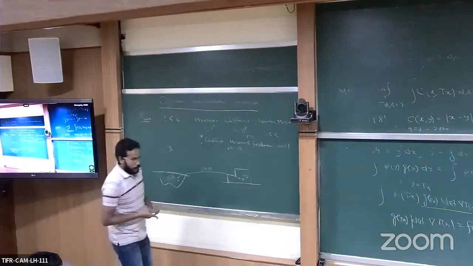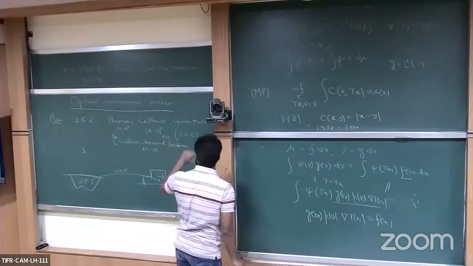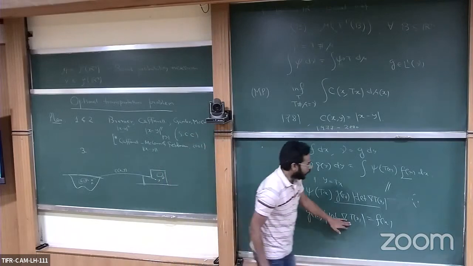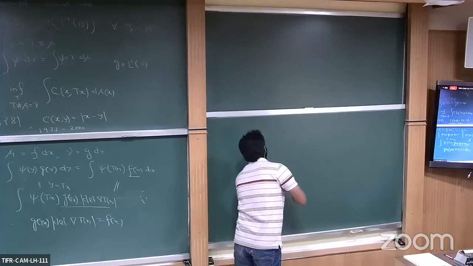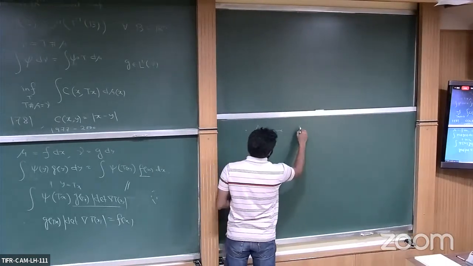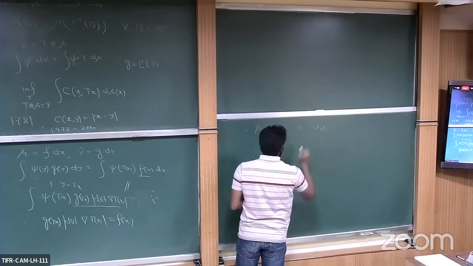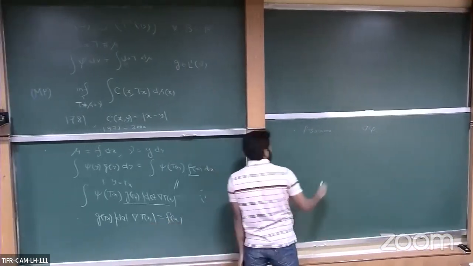Okay. So a particular case which will appear when we consider quadratic cost is when T is given by the gradient of a convex function. Assume that T equals the gradient of a convex function phi, then this will become the determinant of D^2 phi.